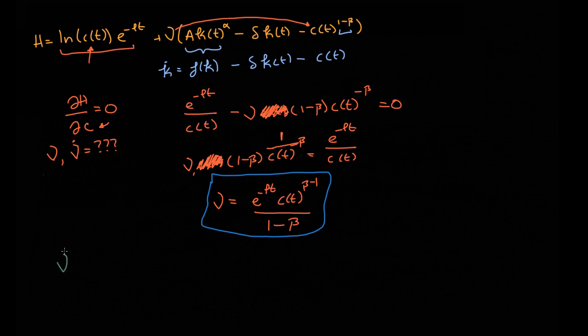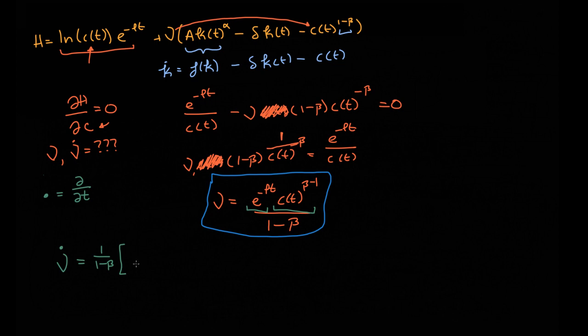And then we need to find nu dot. And a dot means you're taking the derivative with respect to time. So this is where we're going to get that c dot come out. So nu, we can write it as 1 over 1 minus beta times, and we have two functions of time.